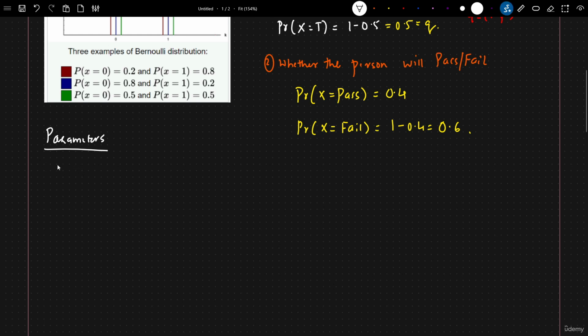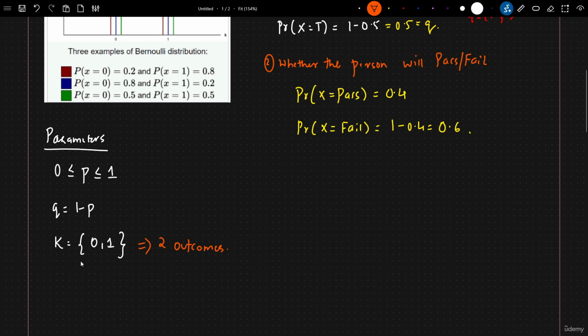Always remember your P value will always be ranging between 0 to 1. Right? Since we are talking about probability and it is a binary outcome, it will always be ranging between 0 to 1. And if I consider Q, it is nothing but 1 minus P. Now let me take one important parameter which is called K, and this value will be 0, 1. And why am I writing K? This indicates my two outcomes.